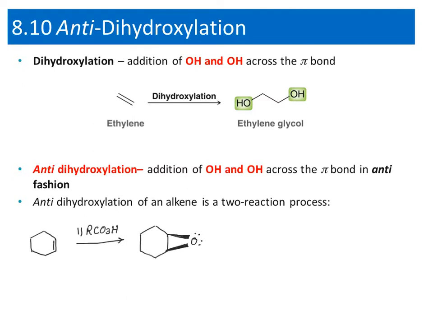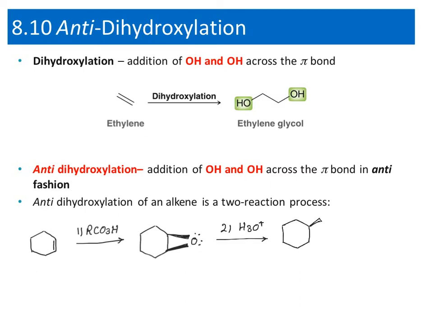It's a three-member cyclic ether, and if you remember, a three-member ring is pretty strained, so it's very reactive and it's pretty easy to open an epoxide. So in the next step, we are going to use some sort of acid to form a trans diol.